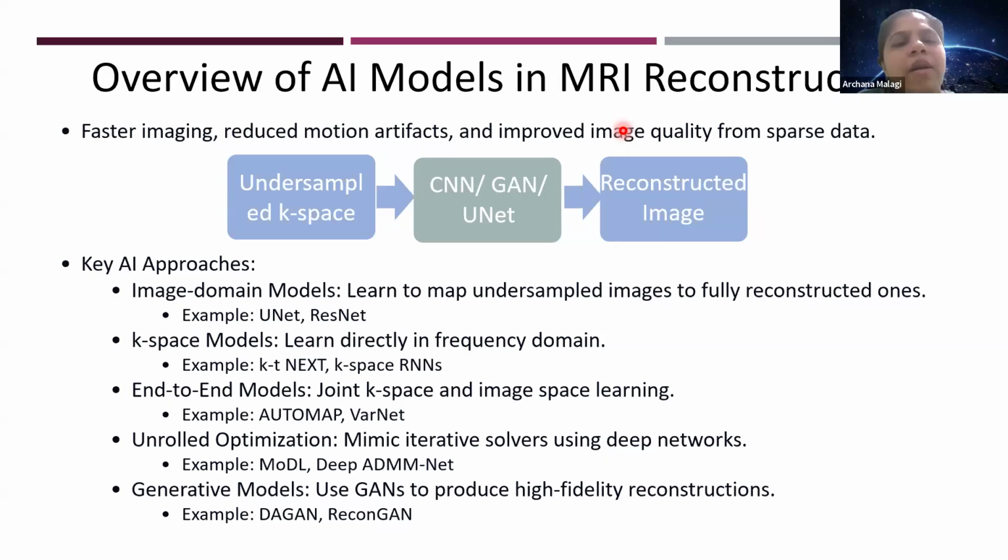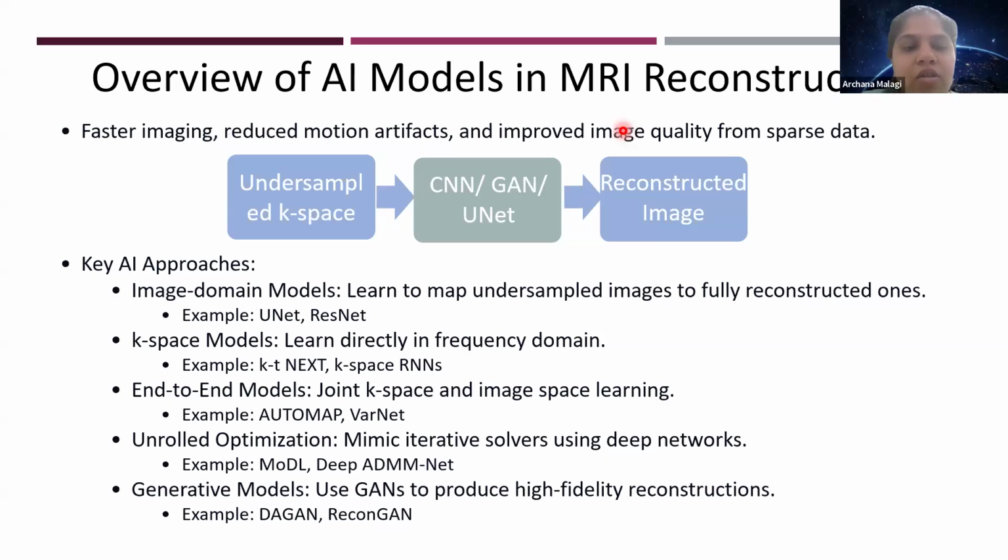With undersampled K-space, the way AI speeds up imaging is that the lines we acquire in the K-space are half. With that half information you provide to your AI model, it will give you the full whole images.